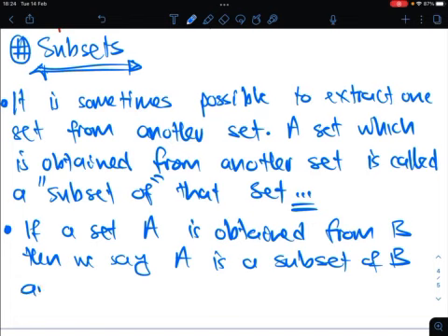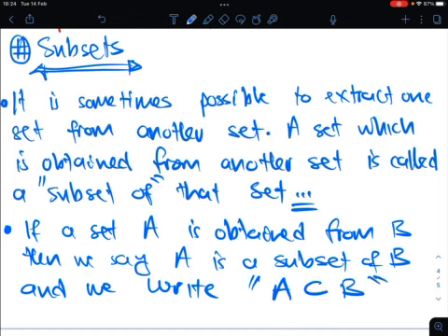and we write A is a subset of B, or A is a subset of B. So there are two notations that can be used to say A is a subset of B. You can see that there is this symbol, which looks like a C but is not actually a C, but you can take it as some sort of Greek C maybe.